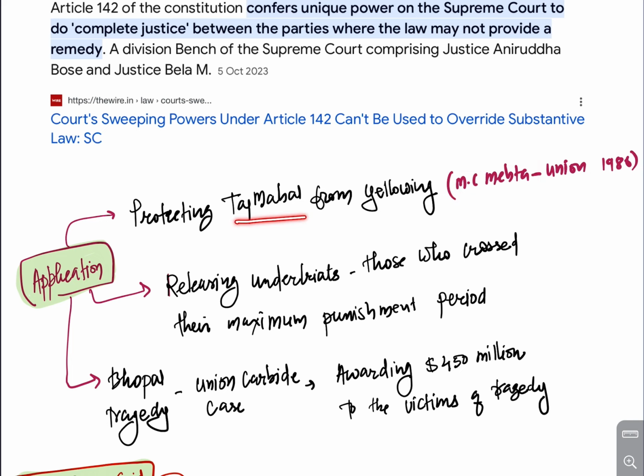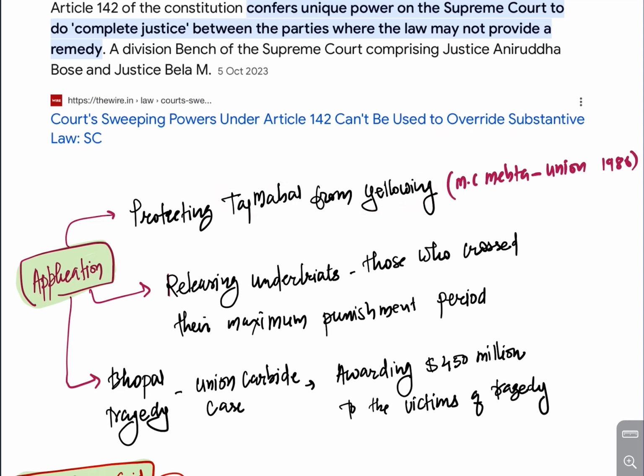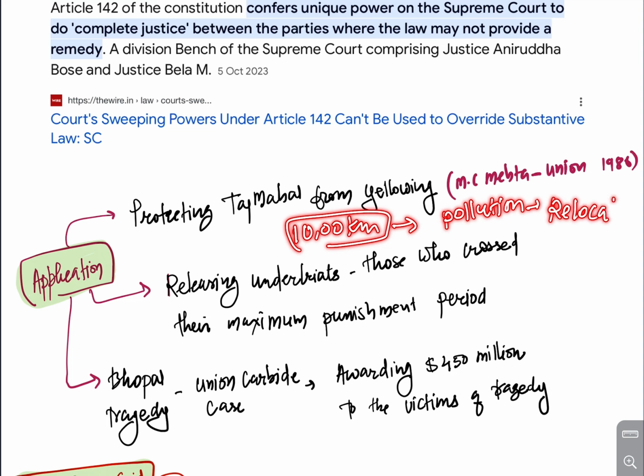The Taj Mahal was yellowing due to sulfur dioxide and the polluting environment near it. The Supreme Court gave an order under Article 142 that the area of around 10,000 square kilometers around the Taj Mahal should be pollution free, and the industries in this location should be relocated, right?